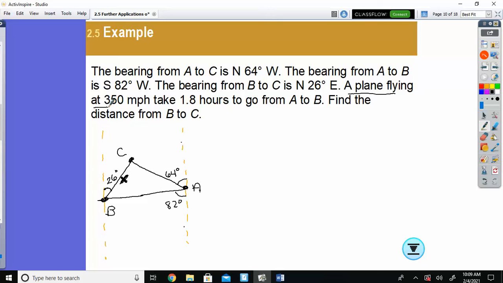Oh, I skipped a line, didn't I? A plane flying at 350 miles per hour takes 1.8 hours to go from A to B. What am I going to get from that? I gave you the speed, the rate, I gave you the time.